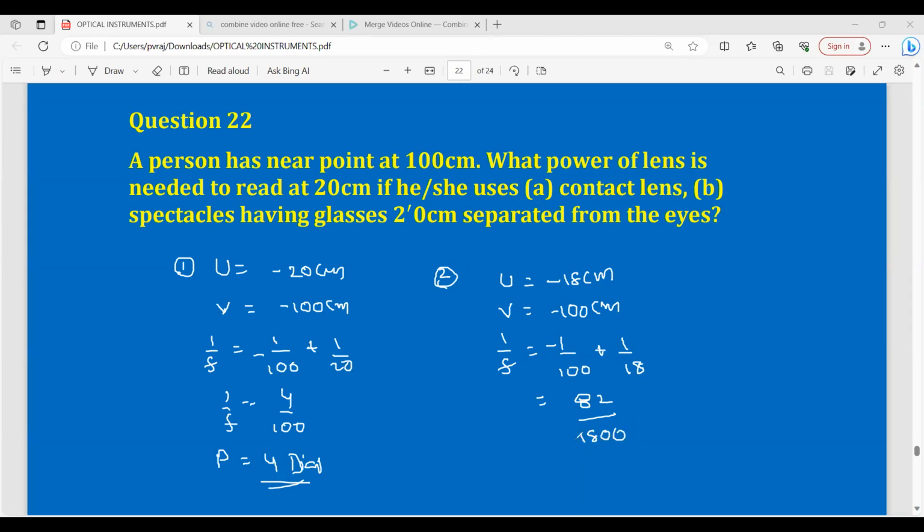You can just calculate that. So this will be the 1 by f value. Then power will be 100 by f, so it will be 82 by 18. This is nearly equal to 4.5 something. Nearly we will get the answer 4.5 diopters.